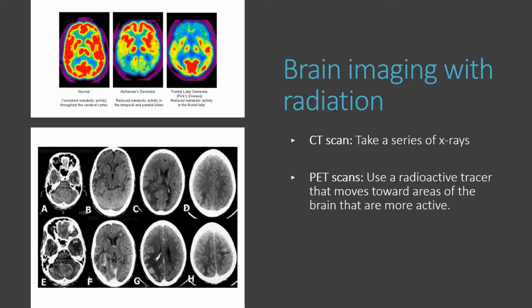A person might be put into a PET scan, and then they might be asked to imagine playing tennis, for example, or they might listen to music, or they might be asked to think about someone. Let's say that they're studying love. They might want to know what happens in the brain when we feel love.